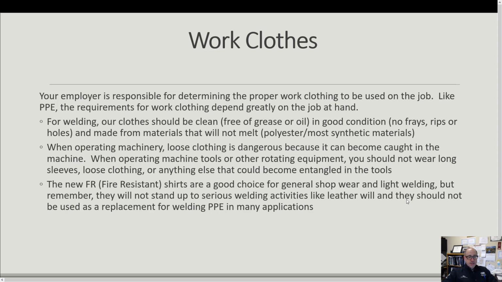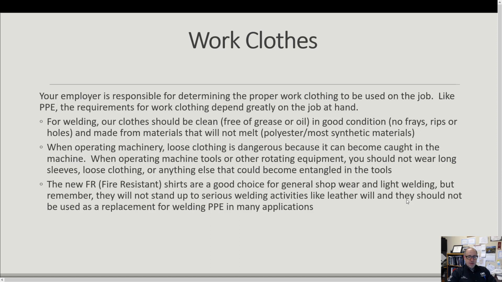They're nasty. There's also, and this is fairly recent, probably the last 5 years, FR, fire-resistant shirts and pants coming available. They actually work really well for light welding and general shop wear, but they are not for serious welding activities that would require leather, and they should not be used as a replacement for welding PPE in most applications.